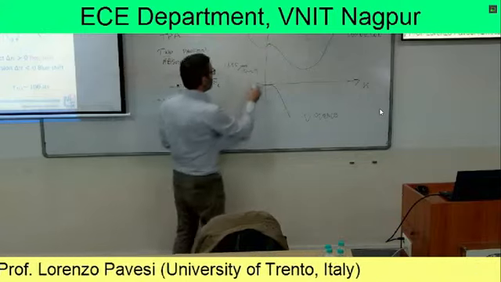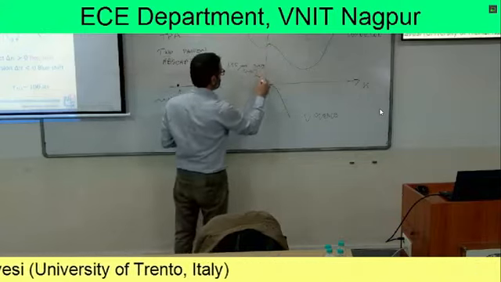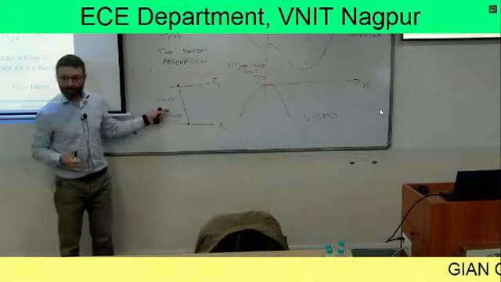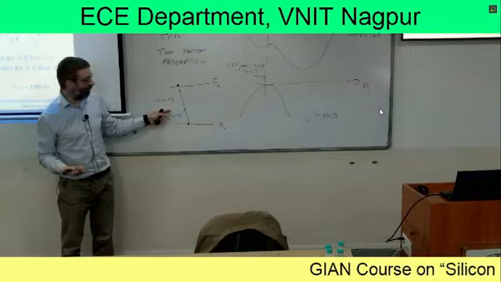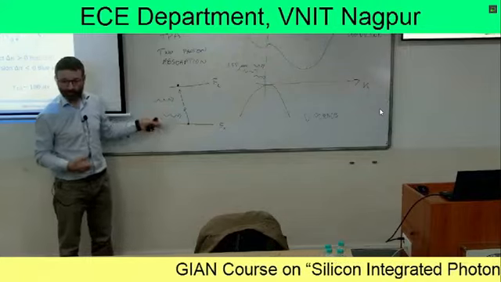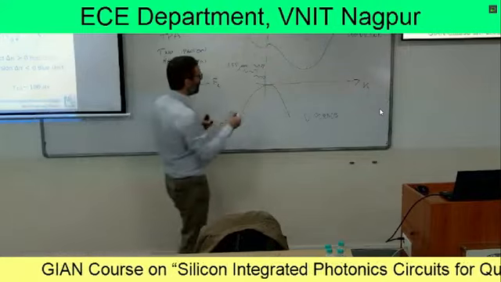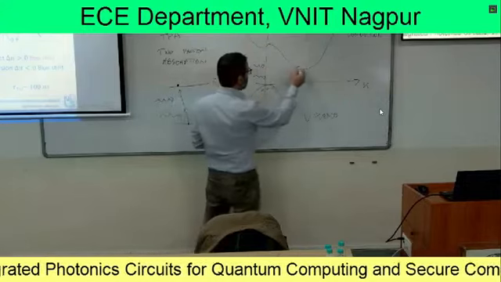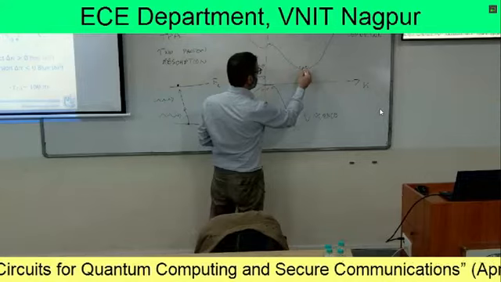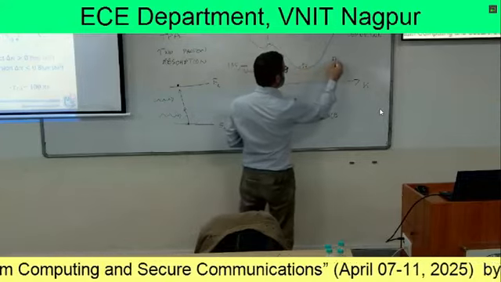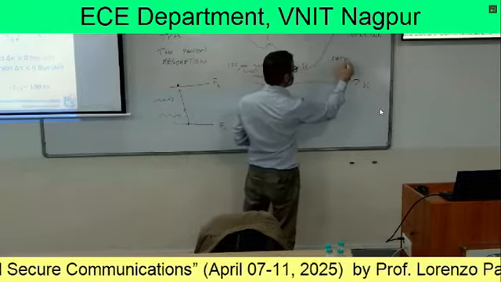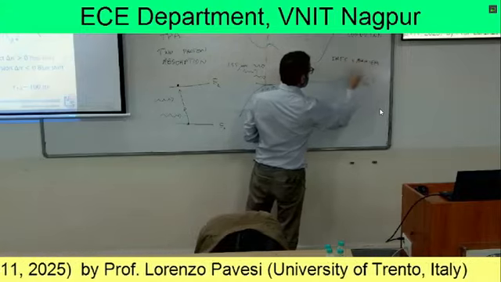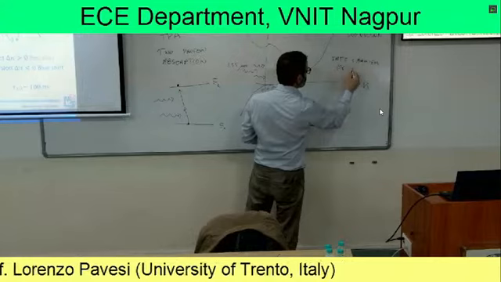But if we have many of those photons, a few of them can be absorbed by two-photon absorption. As a result, we generate free carriers, free holes and free electrons, by two-photon absorption.